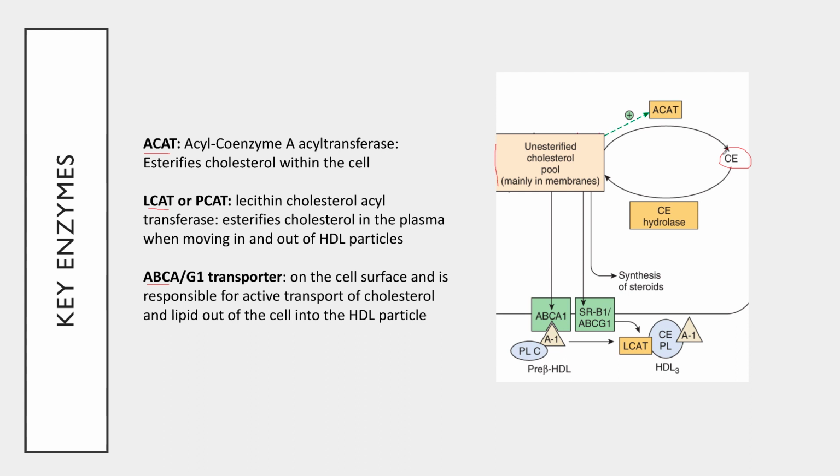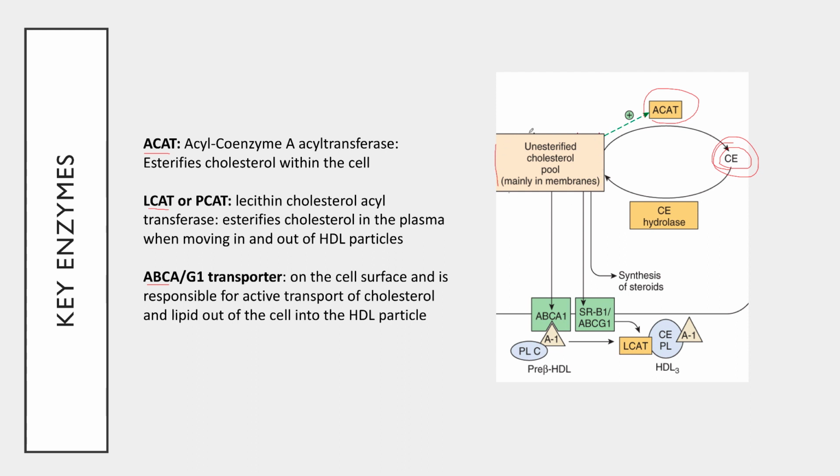So to flux between these two pools, we have the enzyme ACAT, which is acyl-CoA acyltransferase. And this enzyme will esterify unesterified cholesterol into our storage form. We can free our storage form through a cholesterol ester hydrolase.